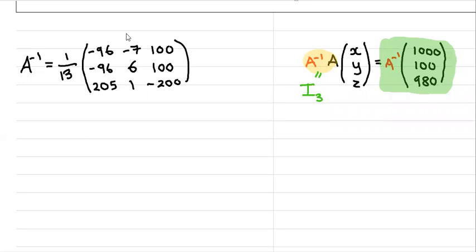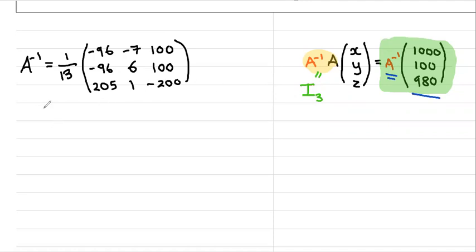Okay, so this is the inverse matrix for A, which I've computed on the ClassWiz. Now, to solve the system of equations, we simply have to multiply this column vector here by this inverse matrix.